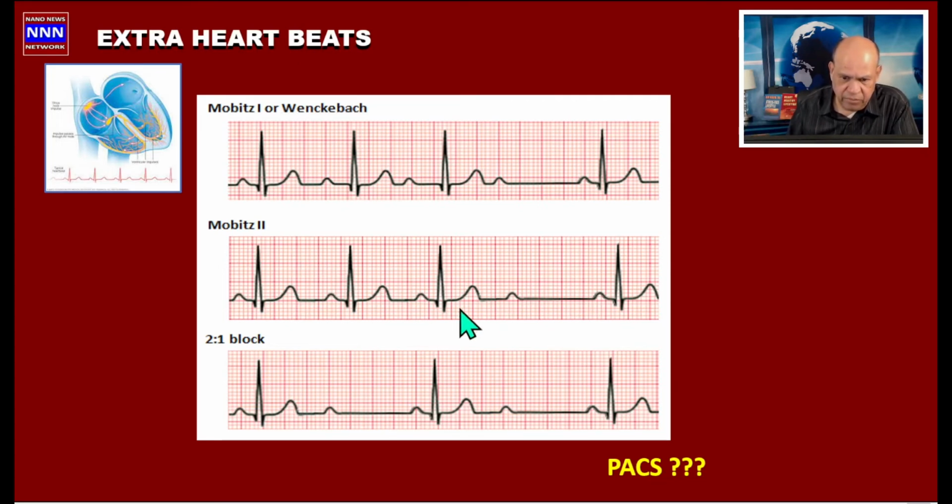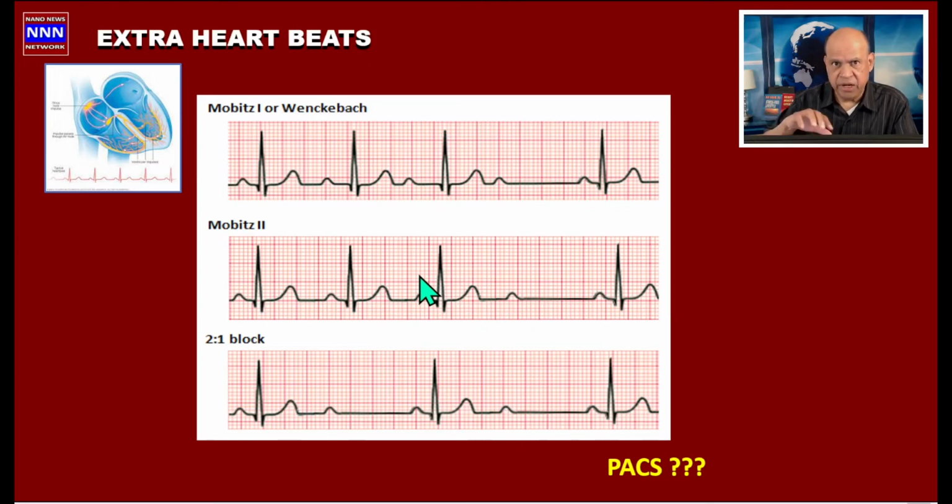And for Mobitz type 2, the only way you can find out is to make sure that the PR intervals are constant, as opposed to the progressive prolongation of the PR intervals in the Wenkebach type, Mobitz type 1 block. Whereas when you get just normal beat, block beat, normal beat, block beat, we don't know if it is Wenkebach or Mobitz type 2 block. That's something you keep in mind.